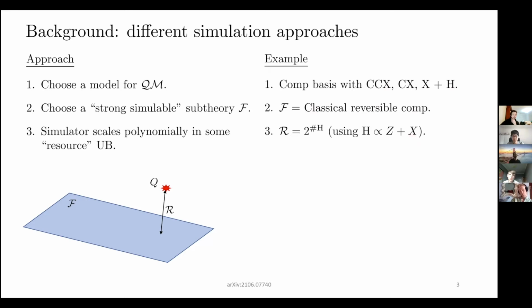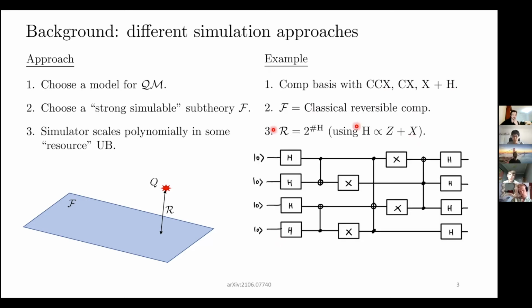And so you could take a circuit like this, which is constructed from this gate set, and you could look at these Hadamards as either one or the other. So there's 2 to the number of Hadamard branches, and in each branch, you're choosing which term you're looking at in this Hadamard decomposition.